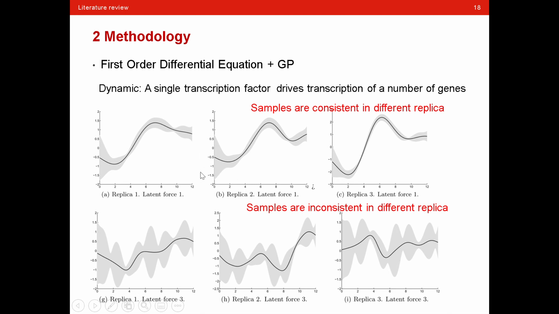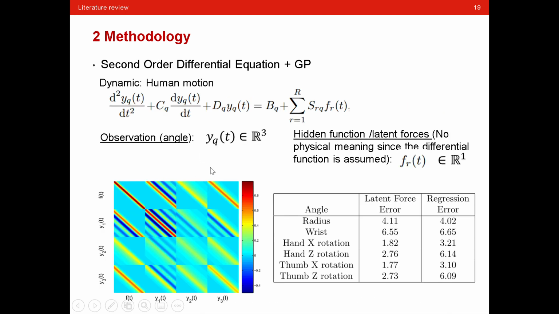Next is how a second-order differential equation is combined with a Gaussian process. The logic is similar, and the authors use a human motion dynamic model as an example. The observation is the motion angle, but at this time their dynamic model is assumed, so it's not accurate enough.